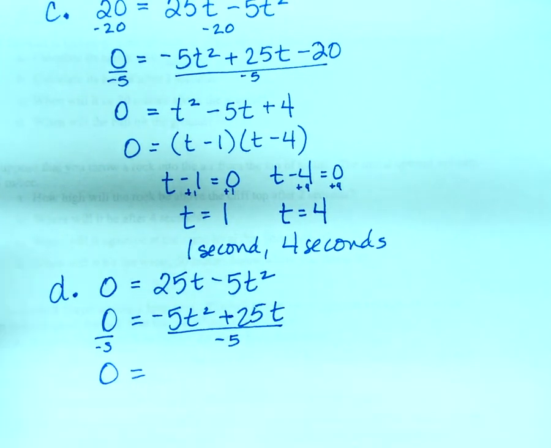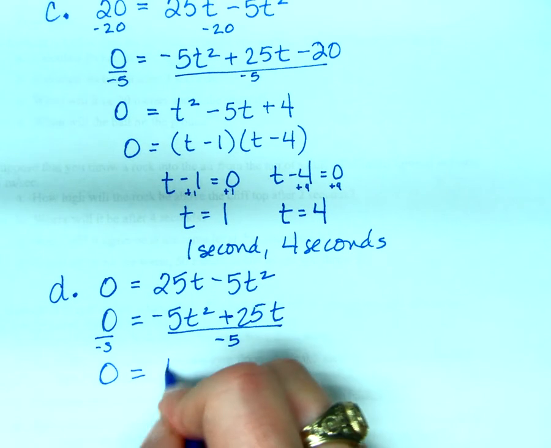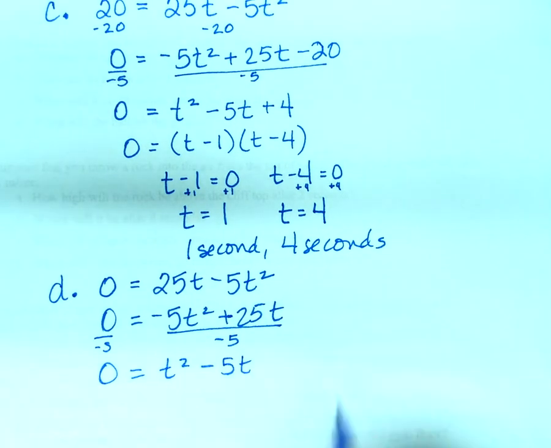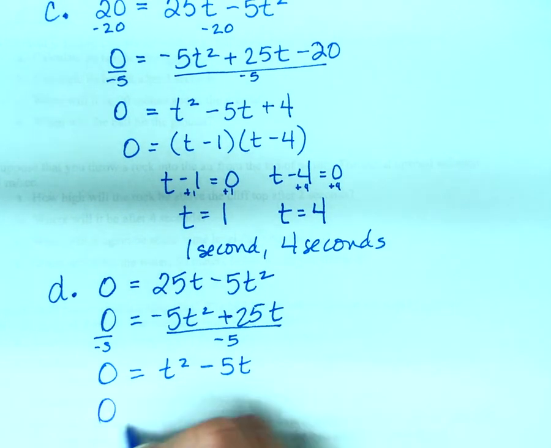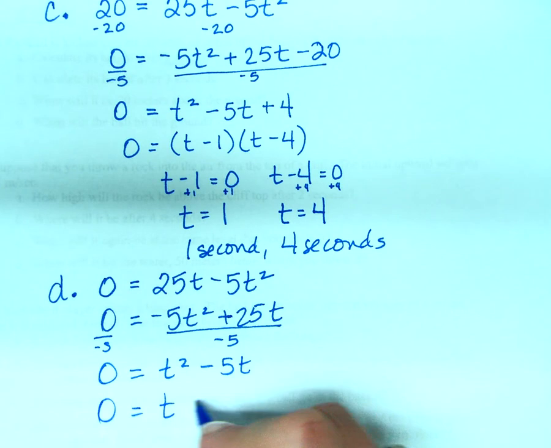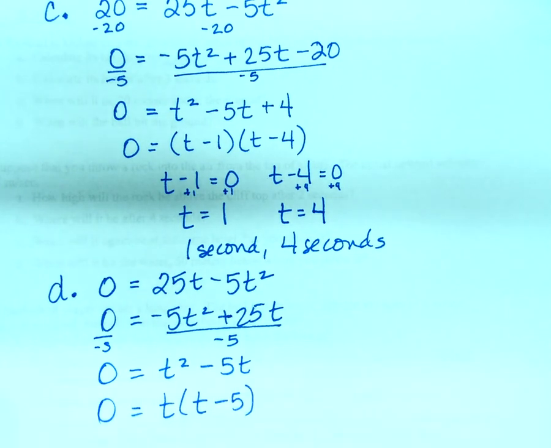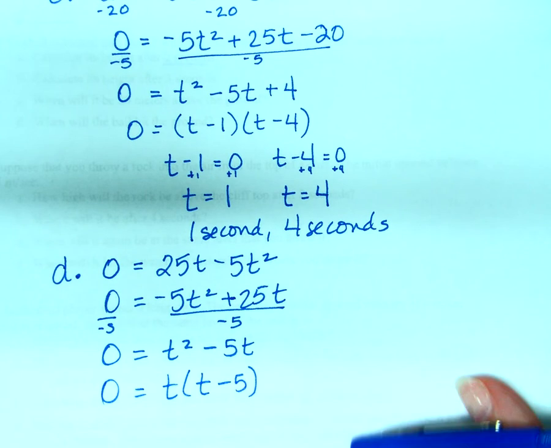So 0 equals t squared minus 5t. But then I also notice that I need to factor out a t, right? The greatest common factor is a t. So I get t times t minus 5. Well, isn't that factored all the way now?